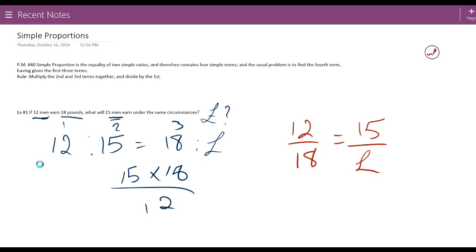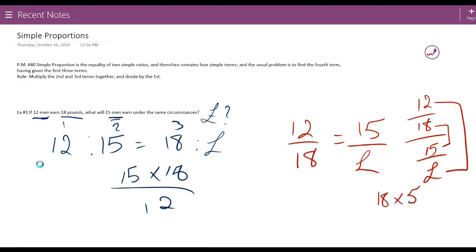And again, we would set that up as a compound fraction, 12 over 18 divided by 15 over our unknown amount, and we'd have our means and our extremes, so we would still get 18 times 15 divided by 12 gives us our unknown amount. So you can set it up in either way. In this case, we have unlike labels in the same fraction. In this case, we have like labels, similar labels together.